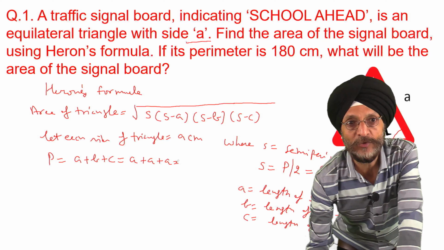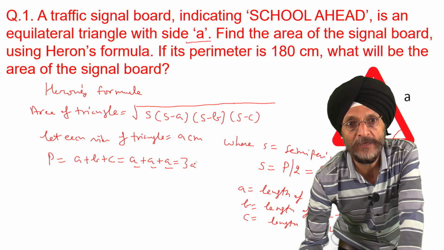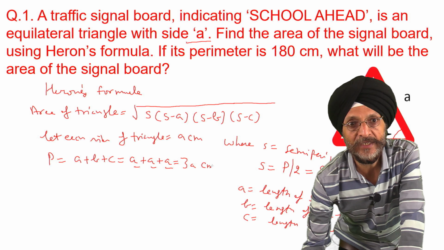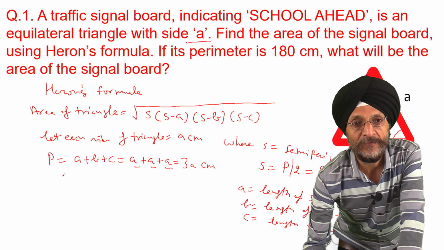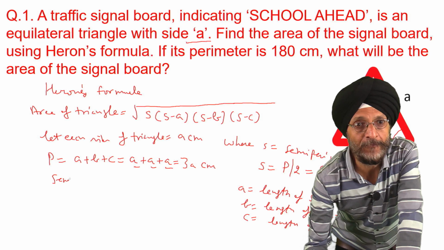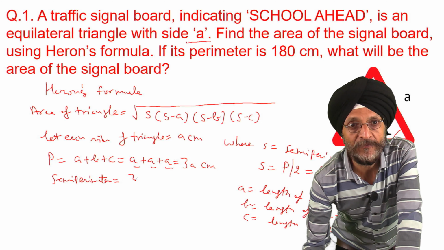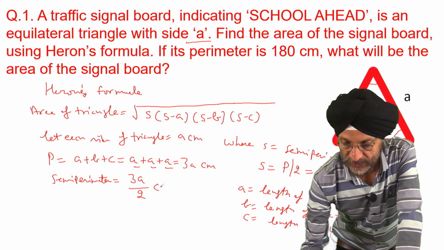This is the length of each side. So the perimeter will come as 3a centimeter. So what is the semi-perimeter? Semi-perimeter is 3a divided by 2 centimeter.